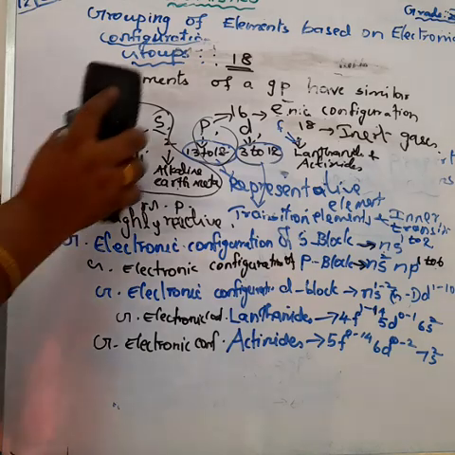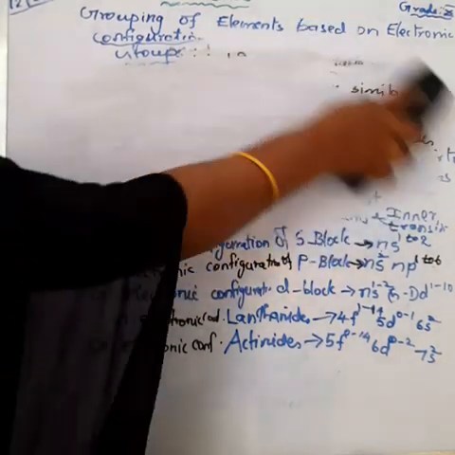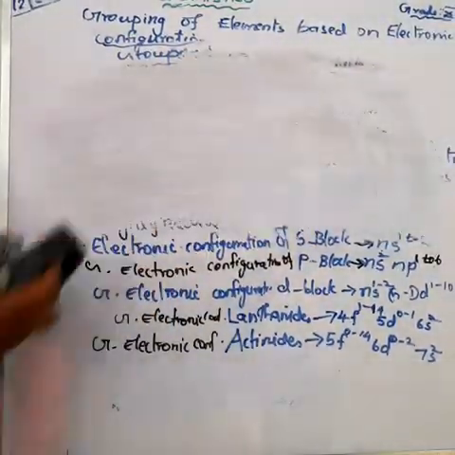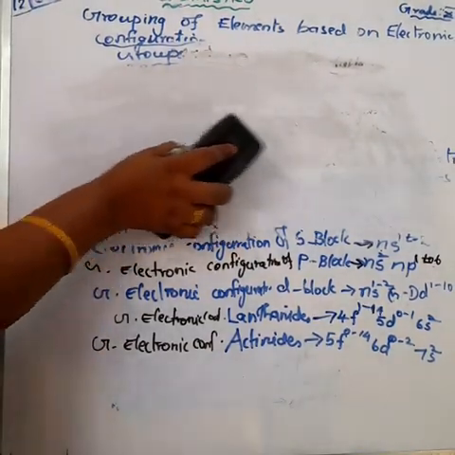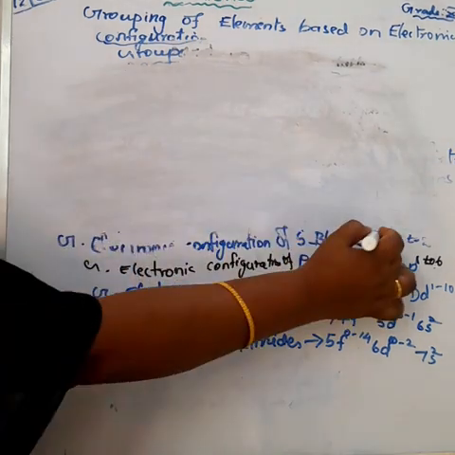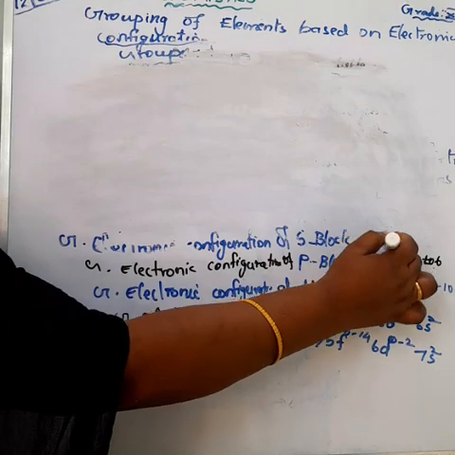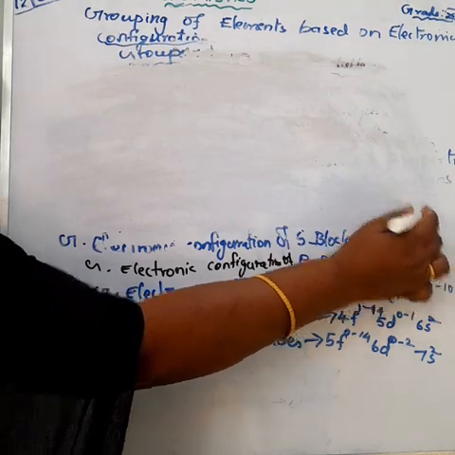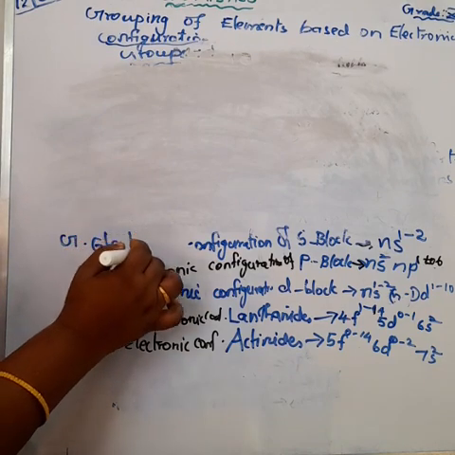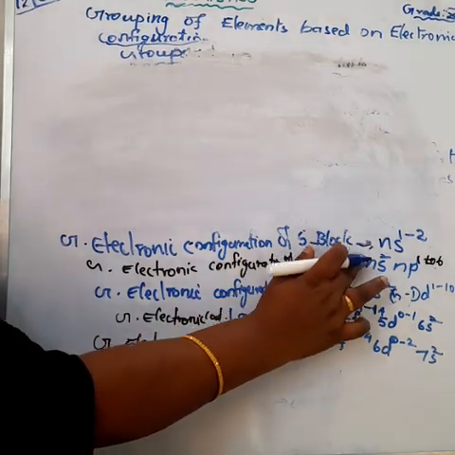Okay, today's assignment. Write the general electronic configuration for the s block elements, ns1 to 2. For the p block elements, ns2 np1 to 6.